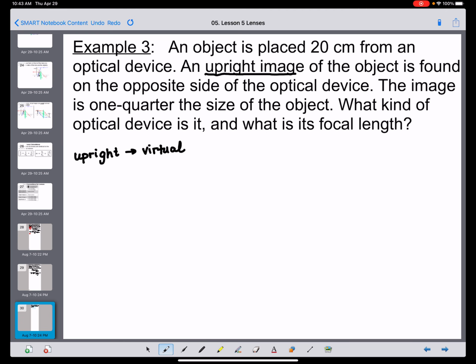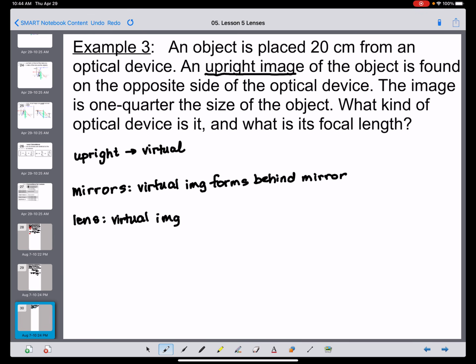Now we know that mirrors form virtual images behind the mirror, whereas for a lens, because mirrors and lenses do opposite things with light, a virtual image forms in front of the lens.